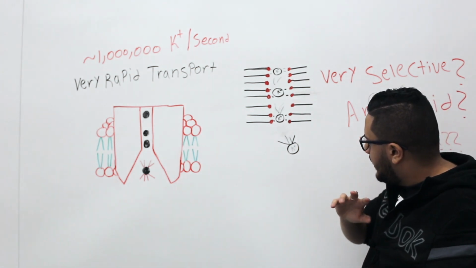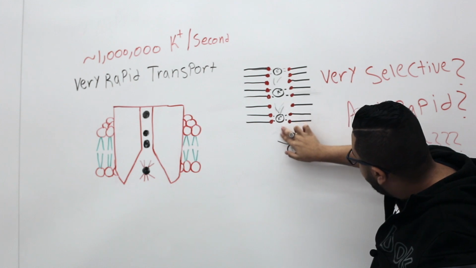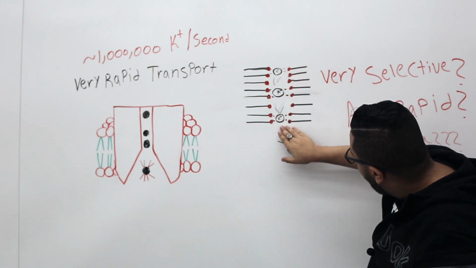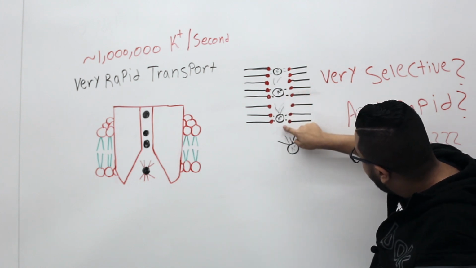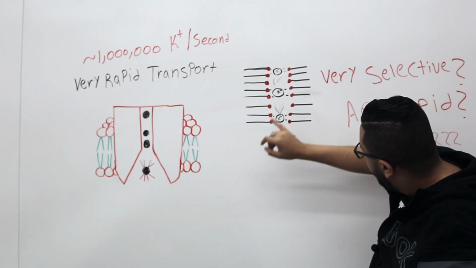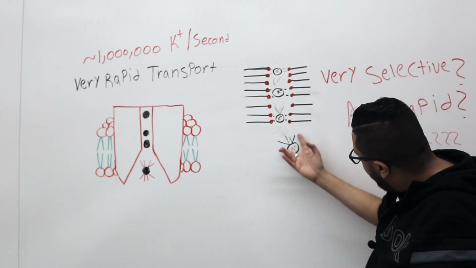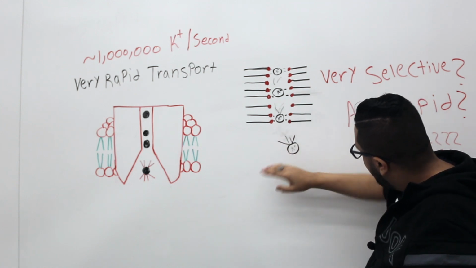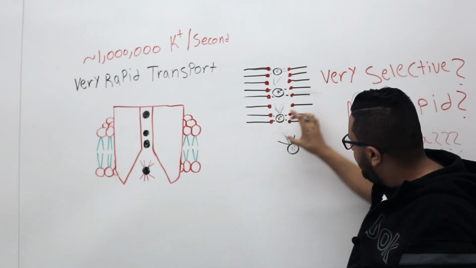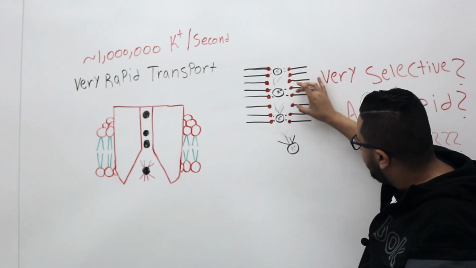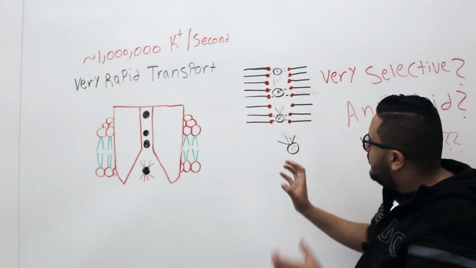So back to this potassium ion right here. It was just dehydrated, and it is on its path to enter the selective region. But the problem is there's a potassium ion right here. And in order to bind to the first selective site, this potassium ion must move upwards. So repulsion forces occur between these two, and what essentially happens is it pushes the potassium ion in the first selective region upwards to the second selective region, and then once again upwards to the third selective region, and then they just keep pushing each other.